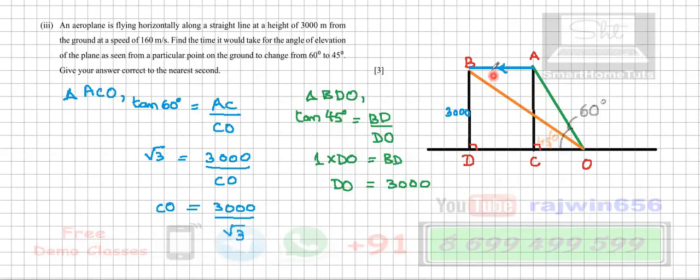Okay. Now I want the distance through which the aeroplane has moved, that is AB, which is equal to DC.